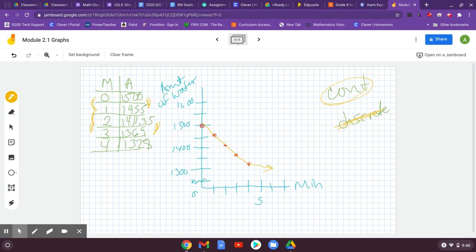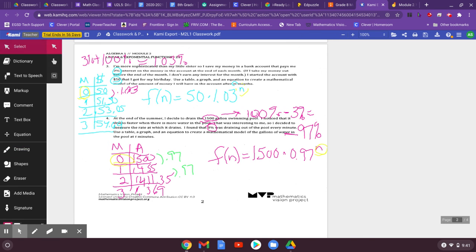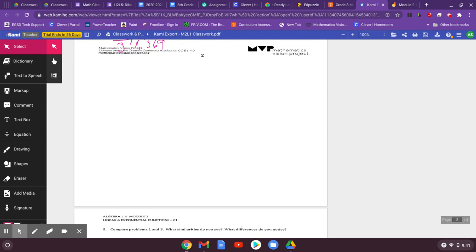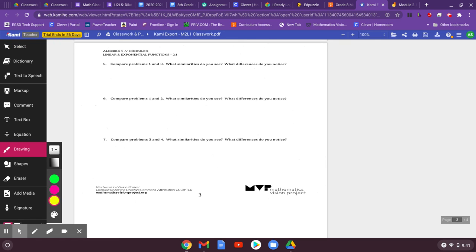So this is the big piece in this lesson: do we connect the dots or not? Last time we did every time. We didn't really think about it. This time we need to make a focus on that. So comparing problems 1 and 3, what similarities do we see? Well, both of those involved money. They were the piggy bank ones.